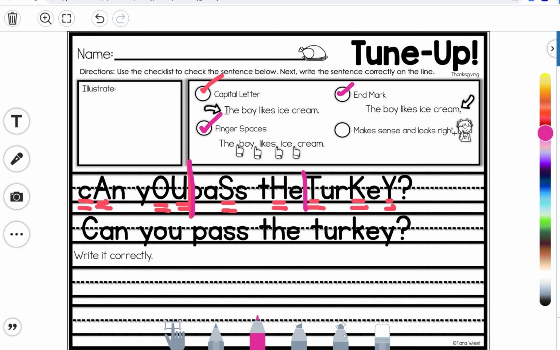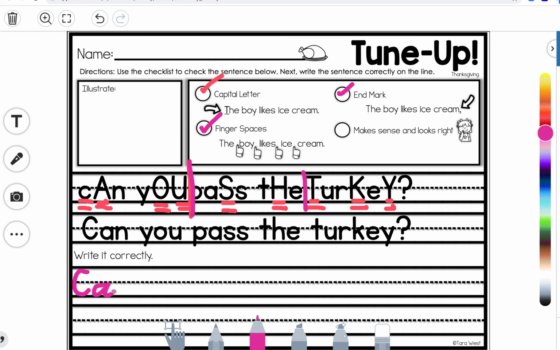Makes sense and looks right. What do you think? Now, will it look right if we rewrite it? Yeah, we're going to write this correctly. We found all the mistakes. Now we're going to write it correctly down here. As you write, make sure your letters sit on a line.